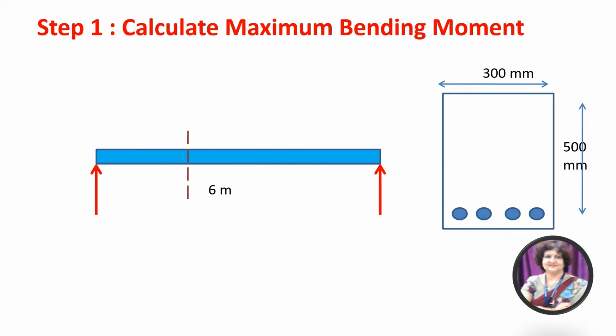So given data is the span of the beam is 6 meter, the width of the beam is 300 millimeter and effective depth, means up to the center of the reinforcement, 500 millimeter. There are 4 bars given in the problem.